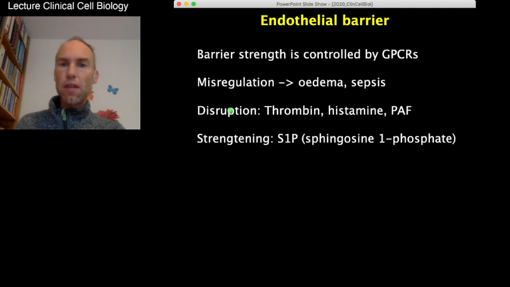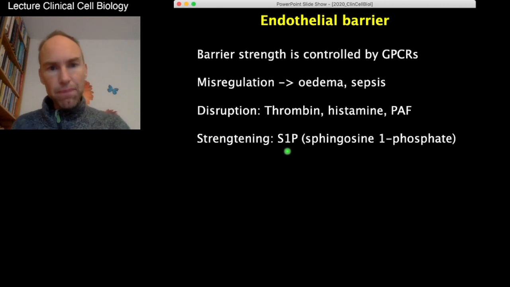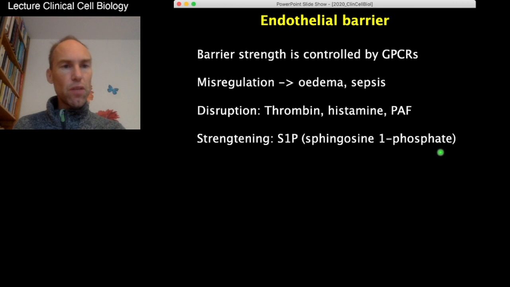Disruption, for instance, can be triggered by these molecules, thrombin, histamine, platelet activating factor, which all activate G protein coupled receptors. But on the other hand, there are also reagents that activate or strengthen the barrier, and one of those is sphingosine 1-phosphate. The question really is, how do these molecules that all activate G protein coupled receptors have such a different effect on endothelial cell morphology? And this is something that we are very interested in.